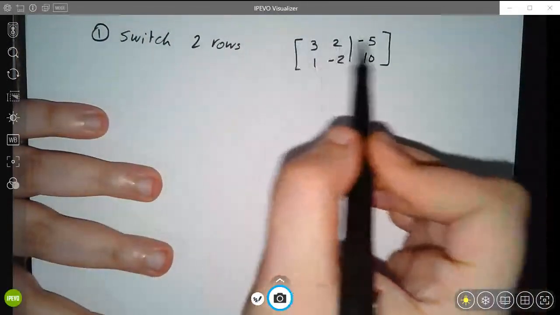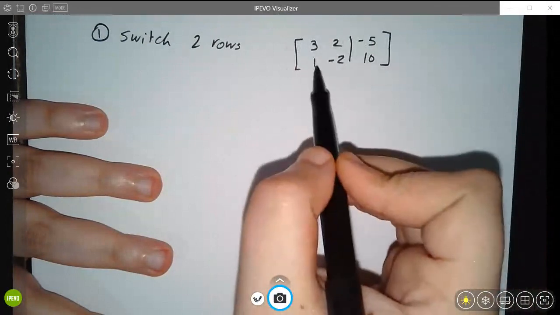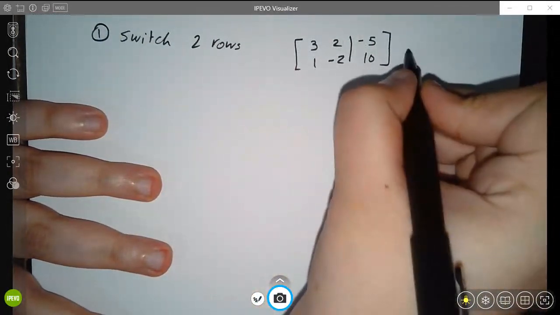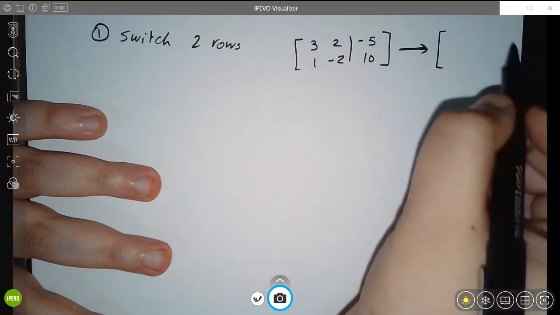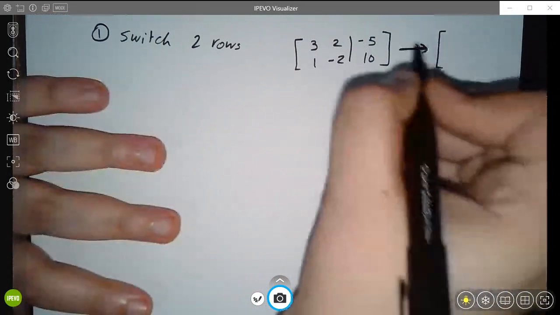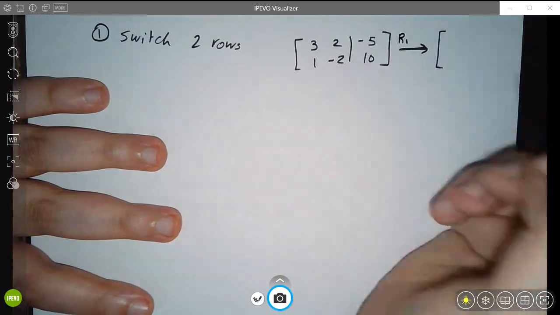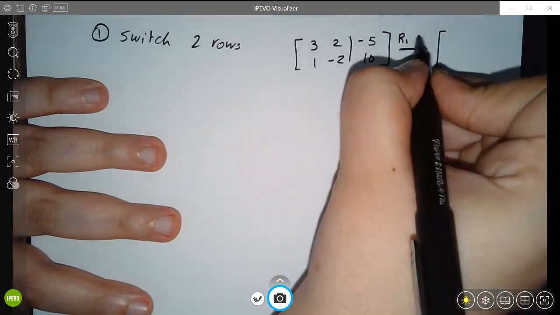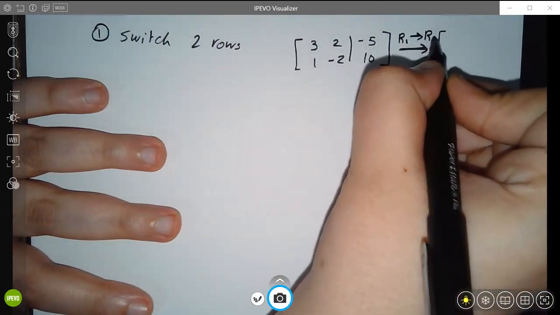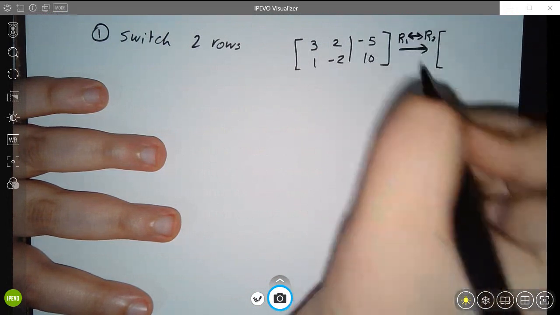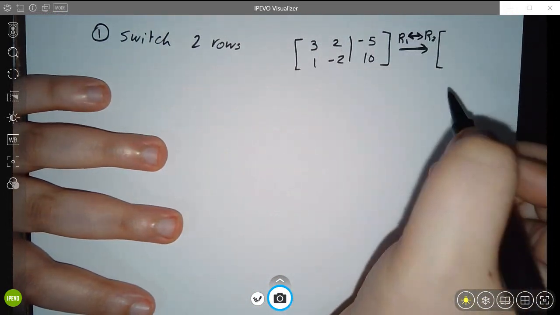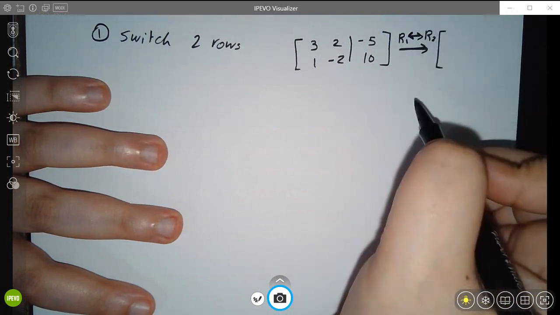See how we have first row, second row, we have 3, 2, 1, -2. Now, if I want to switch the rows, you write it in this form. You say R1, which is row 1, becomes R2, and you draw a double-sided arrow, because R2 is going to turn into R1.